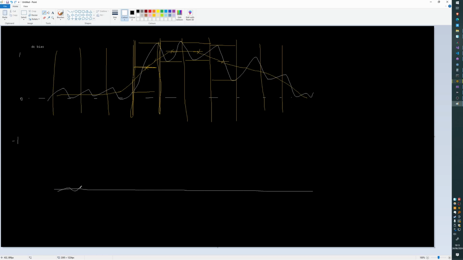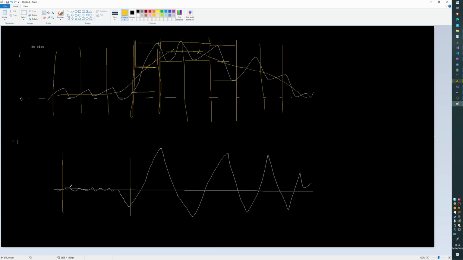So there's a little bit of this sort of thing happening. And then there was something like this, and then the actual start of the drum or whatever it was. And the first window was something like this. And so I was detecting this as the max and this is the min. So the midpoint is here.